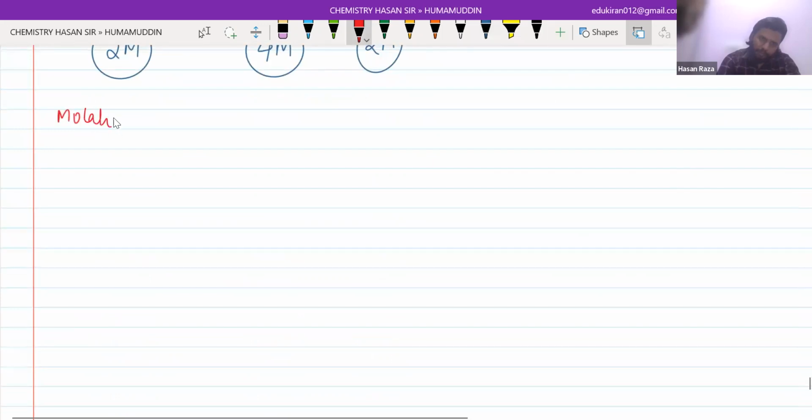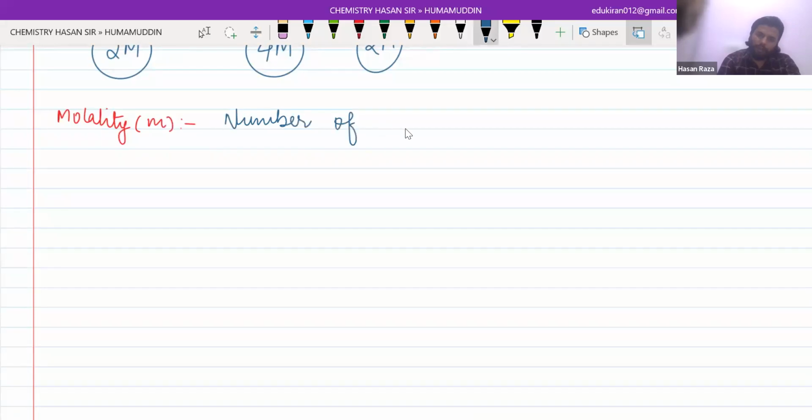Now the next concentration term is molality, and it is denoted by a small m. I'm going to define this first. Number of moles of solute per unit mass of solvent in kg.